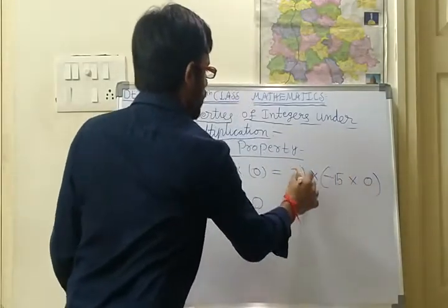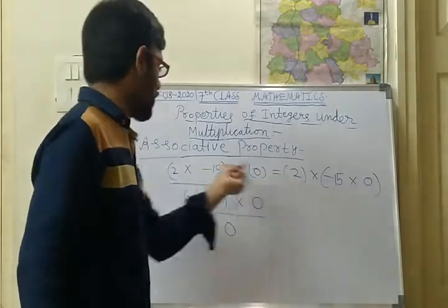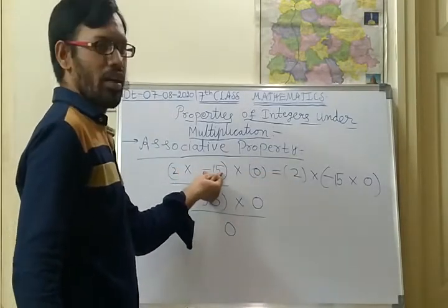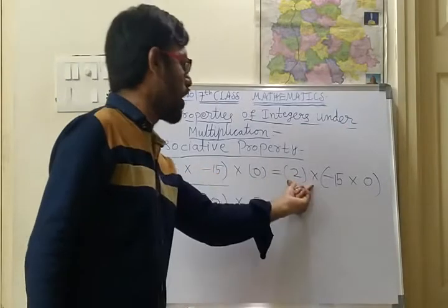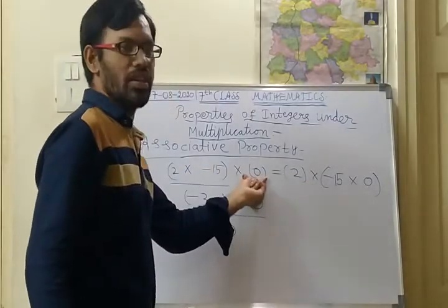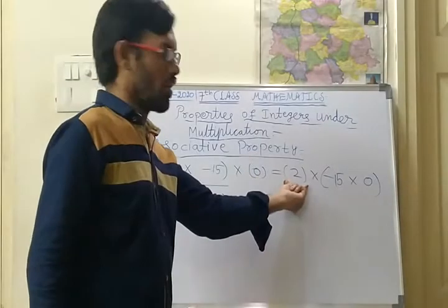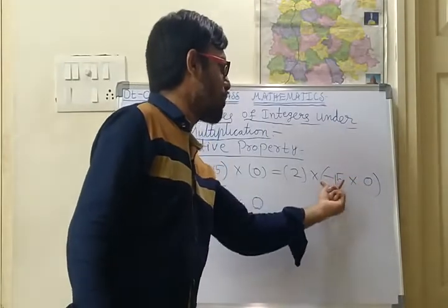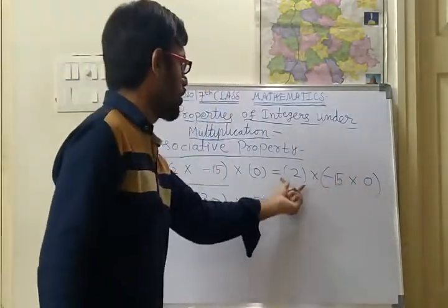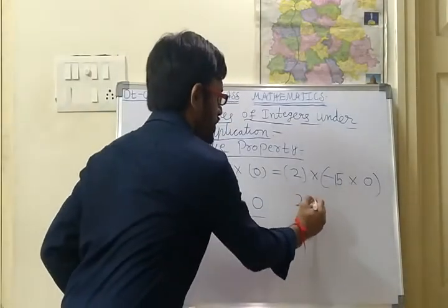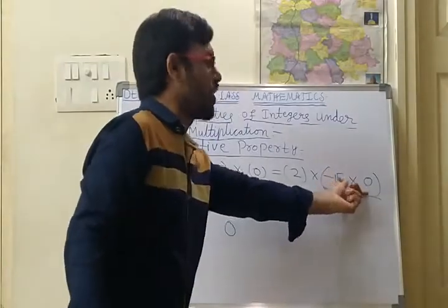Earlier, 2 had a partner minus 15 and 0 was alone. Now 2 is alone and 0 has a partner minus 15. These two are partners. So first write down 2 as it is, afterwards solve minus 15 into 0.